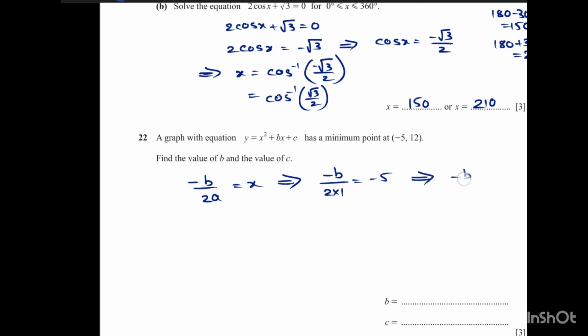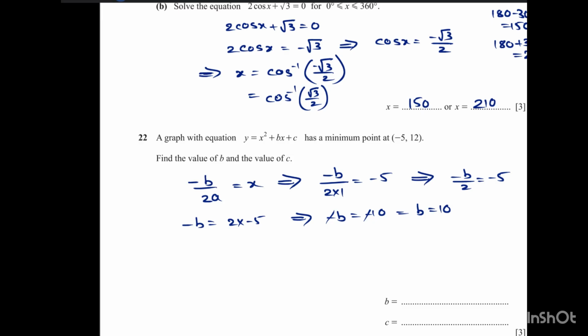So minus b by 2 is equal to minus 5. So minus b is equal to 2 into minus 5. So minus b is equal to minus 10. Minus gets cancelled, b is equal to 10. B value is 10. Then how to find out c value?